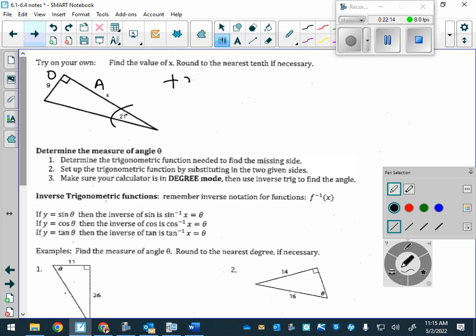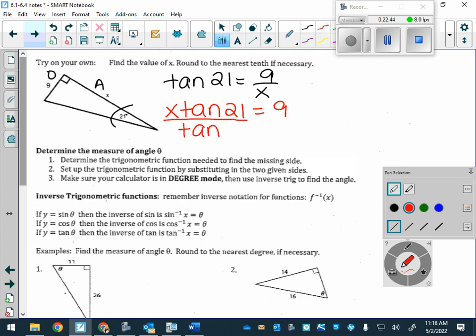So tangent of 21 equals 9 over x. How do we go about solving? Perfect. We cross multiply, so x times tangent of 21 equals 9. Then divide.